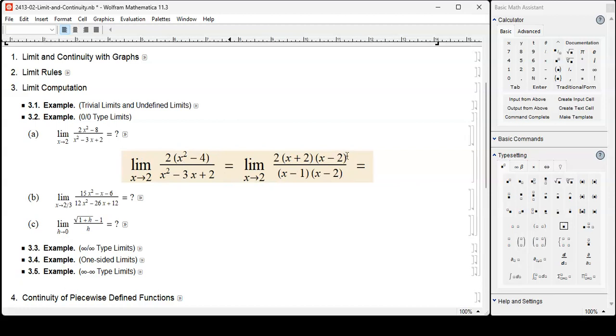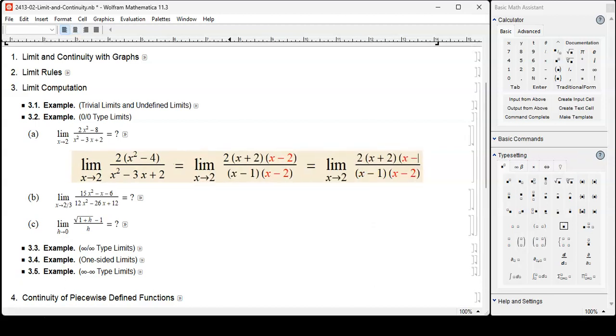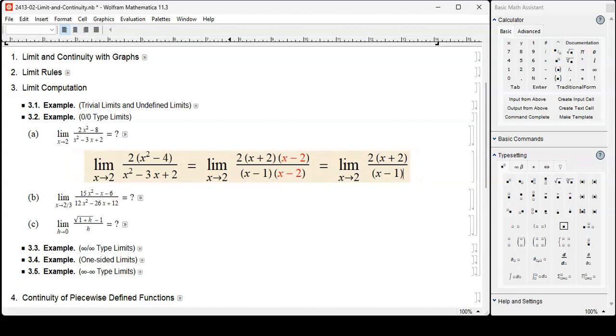And then you can clearly see that the common factor here will divide each other out and disappear. And consequently, you're going to get this limit. And the latter limit is a trivial limit. It's not 0 over 0 type anymore. It's okay to plug in.